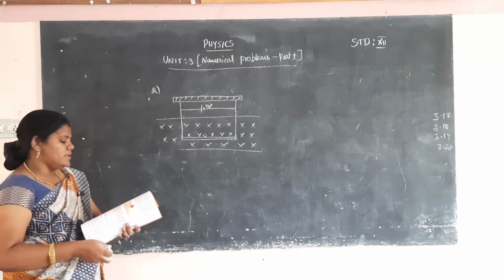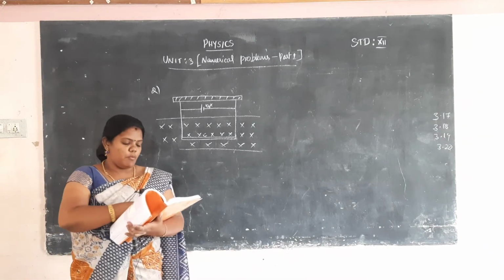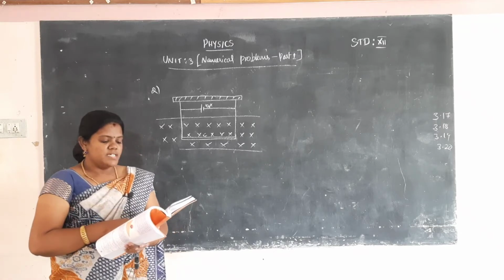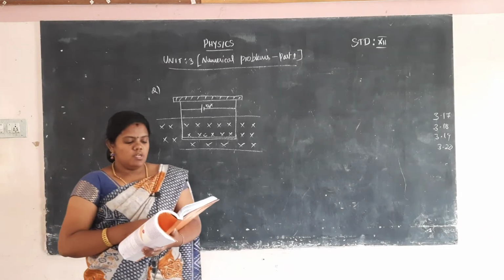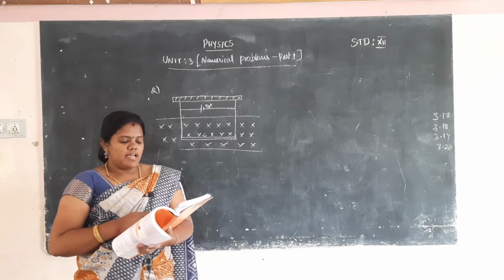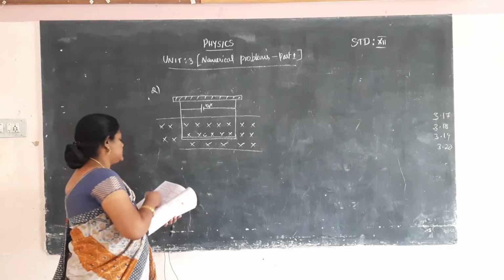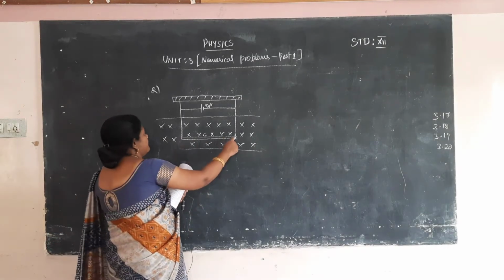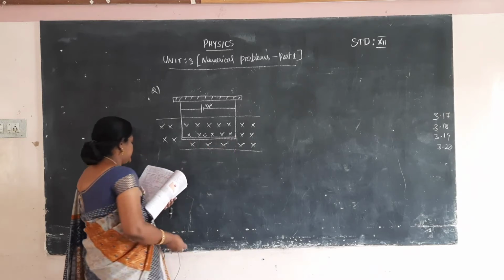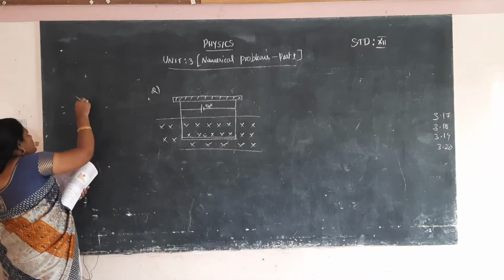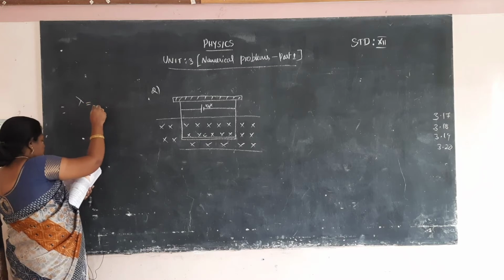The second problem: linear mass density 0.2 gram per meter, suspended by a flexible wire as shown in the figure. This is one conductor having linear mass density, and the symbol for linear mass density is lambda.